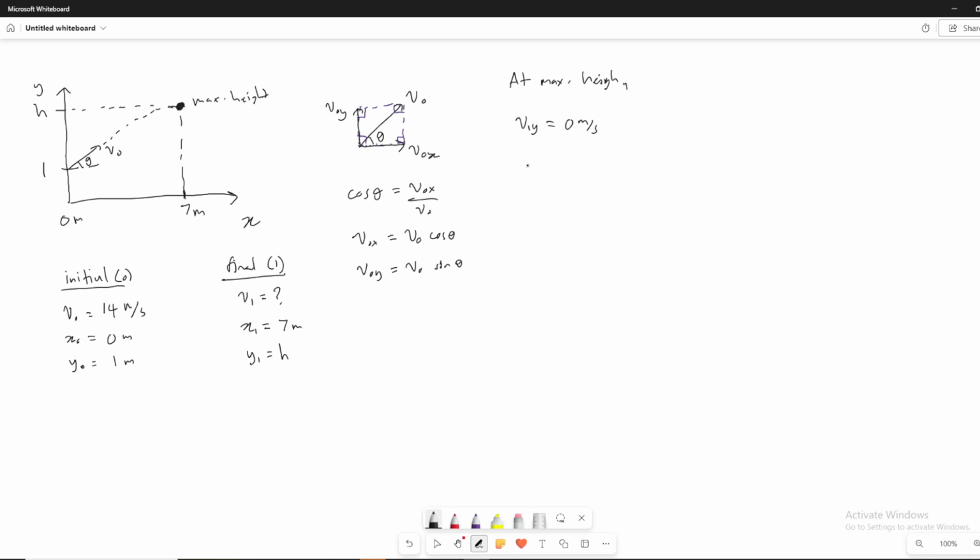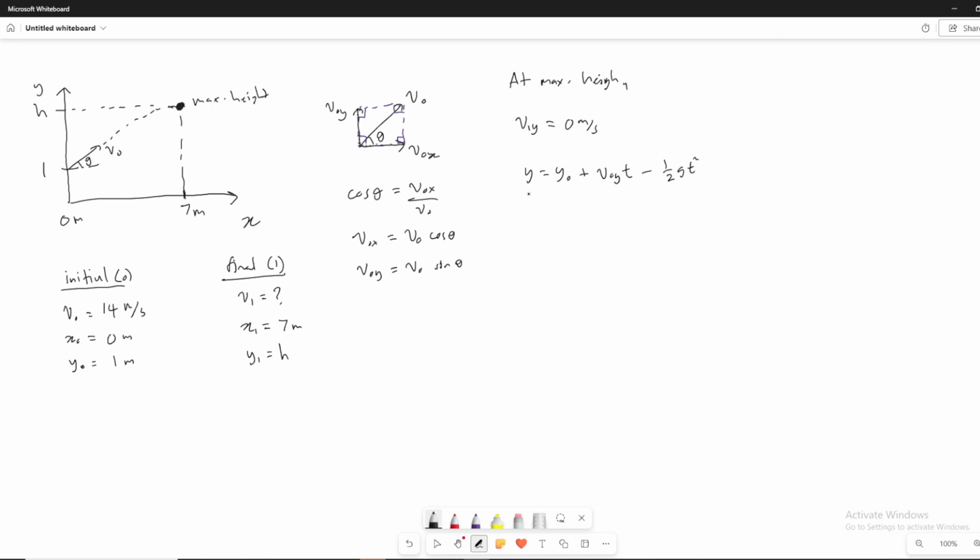From the kinematic equation, s equals s naught. Sorry, let's write it in the y direction form. y equals y naught plus v naught y t minus half g t squared, since we assume upwards as the positive direction.